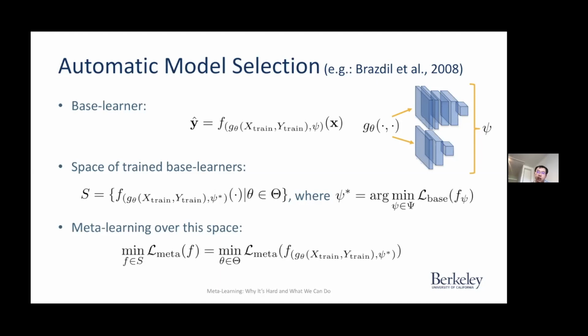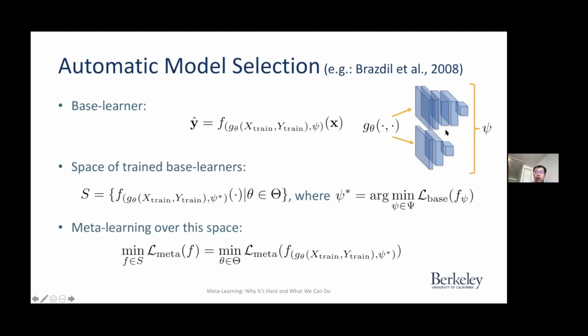Basically what these kinds of methods do is they would enumerate over different possible base models. For example, you could think of different classifiers or different architectures.